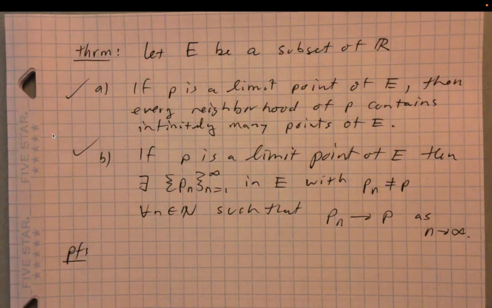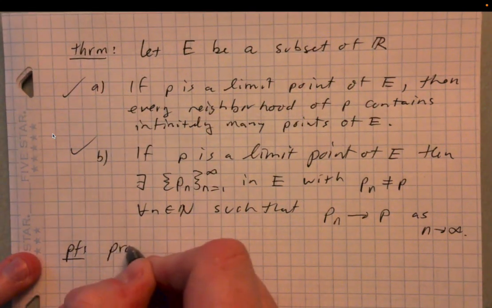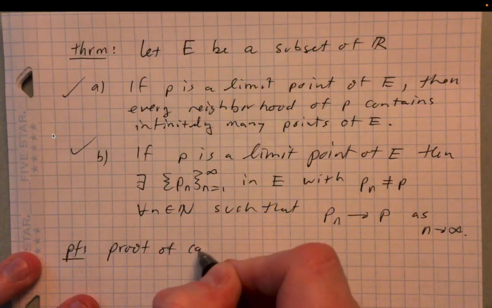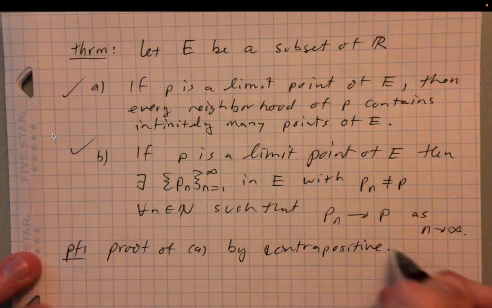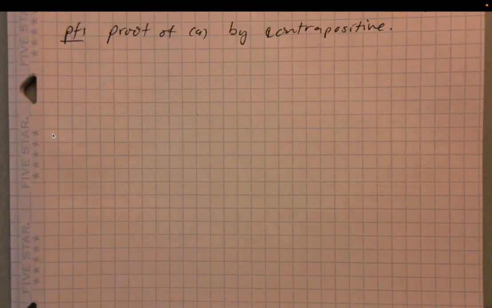Okay, so for part A, there are different ways to prove it, but one of the best ways is proof by contrapositive. If you've had a proofs course, the idea with a proof by contrapositive is that you assume the negation of the conclusion, and then you use that to prove the negation of the hypothesis.